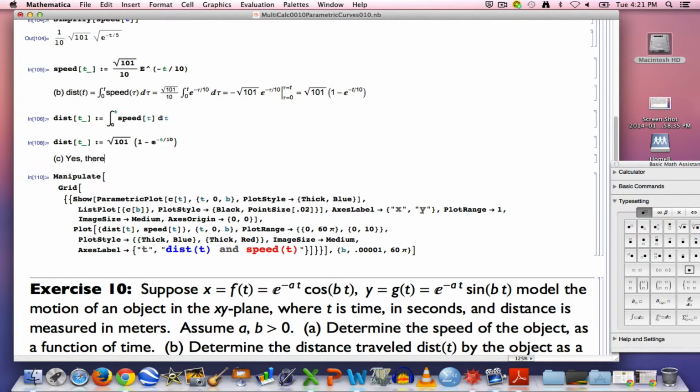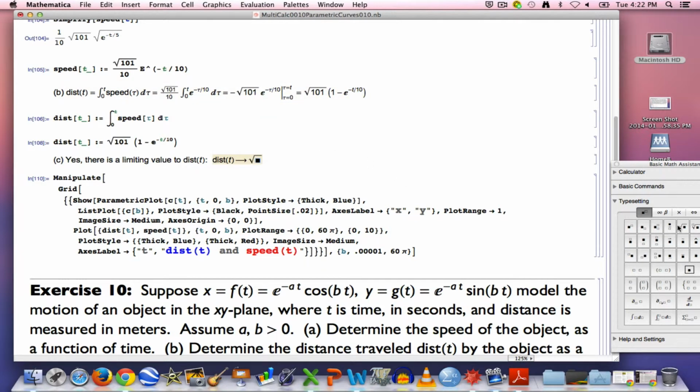Yes, there is a limiting value to dist of t. In fact, you can say by looking at this that since e to the negative t over 10 goes to 0 as t goes to infinity, dist of t goes to square root of 101 as t goes to infinity, a little bit bigger than 10.